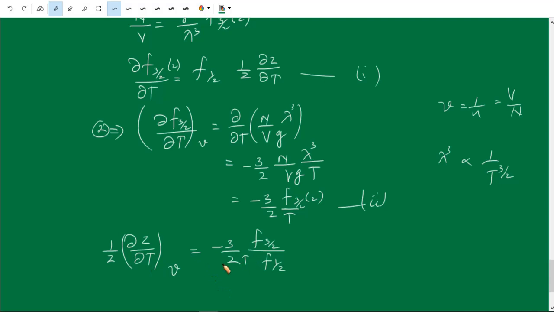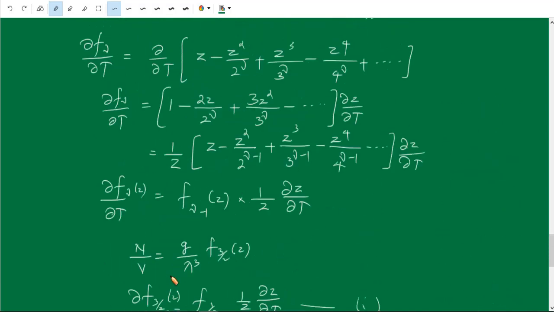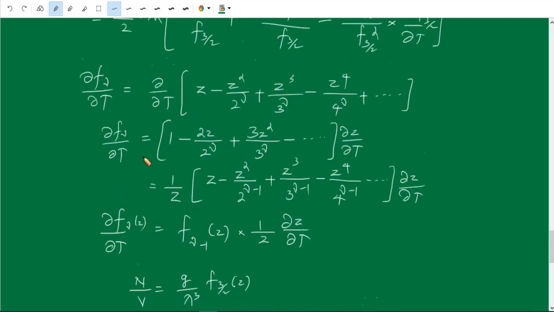So this is the equation. So this is the expression for 1 by z dou z by dou T. So we can substitute these values in this expression.